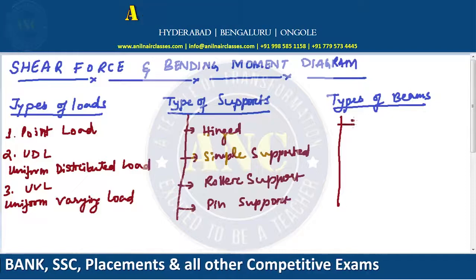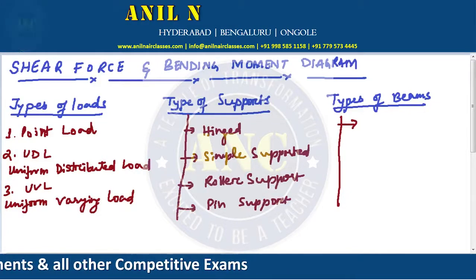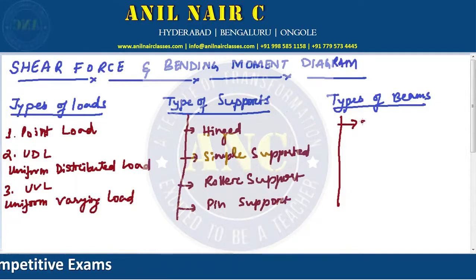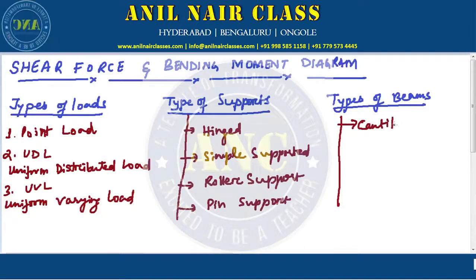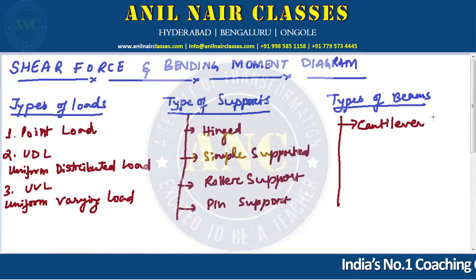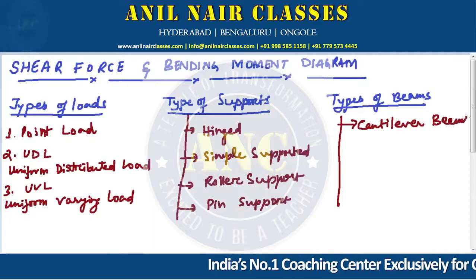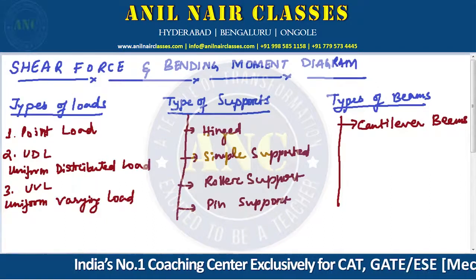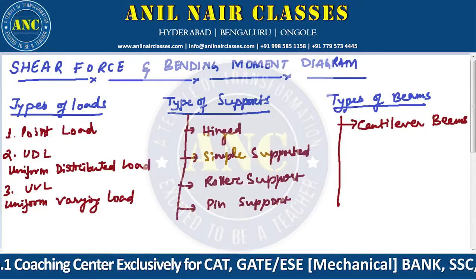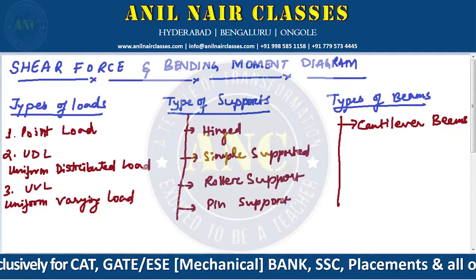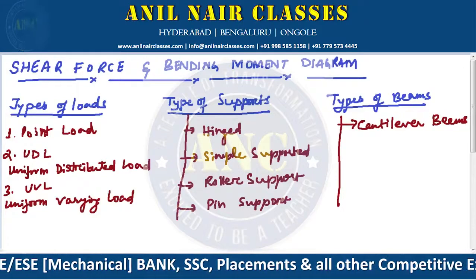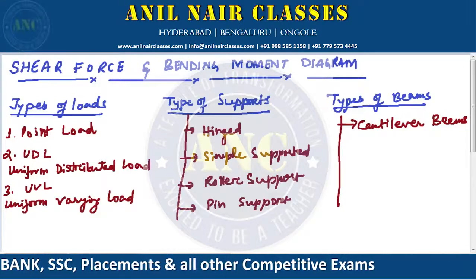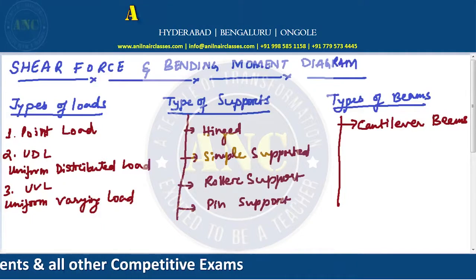Similarly, when we come to types of beams, the first one we can say is cantilever beams, right? What other beams? Then we have simple supported, continuous, overhanging, fixed, and cantilever as well as simple supported, correct or not?